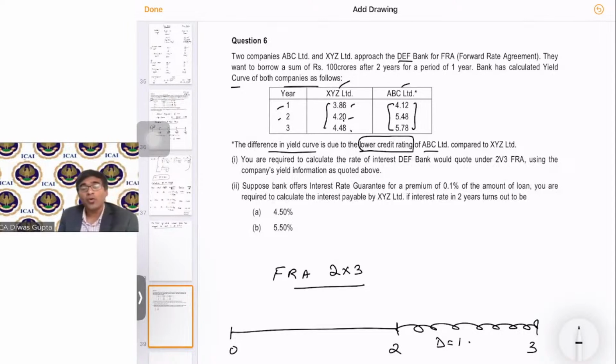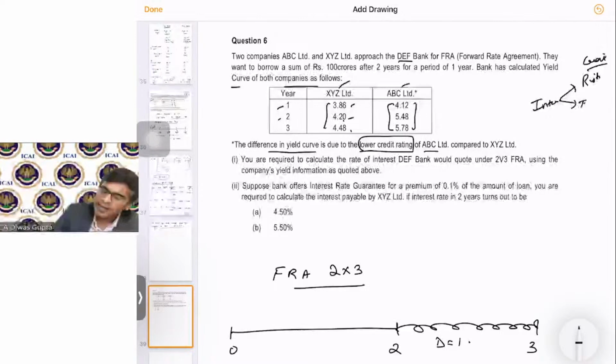Higher risk, higher reward. As we have seen in my opening part of the previous session, I clearly told that interest is a function of two things. One is risk, which is governed by credit rating agencies. Second is time value of money. Correct?